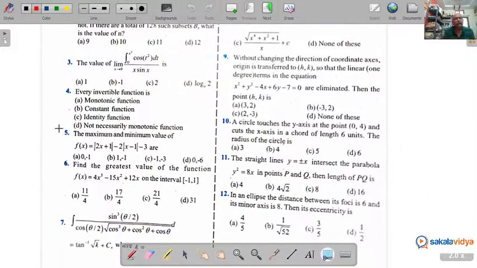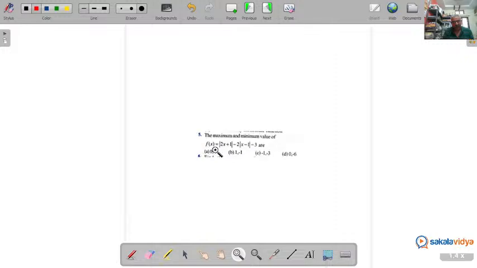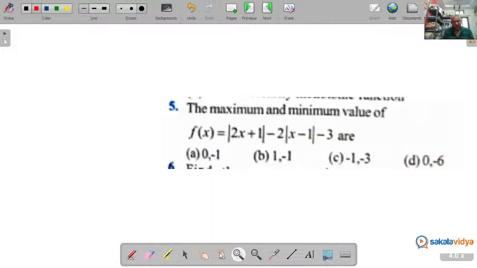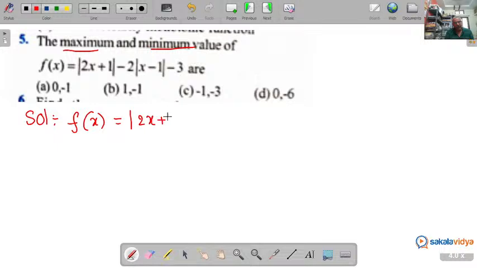Read the fifth question. The maximum and minimum value of f of x is equal to mod of 2x plus 1 minus 2 mod of x minus 1 and minus 3.